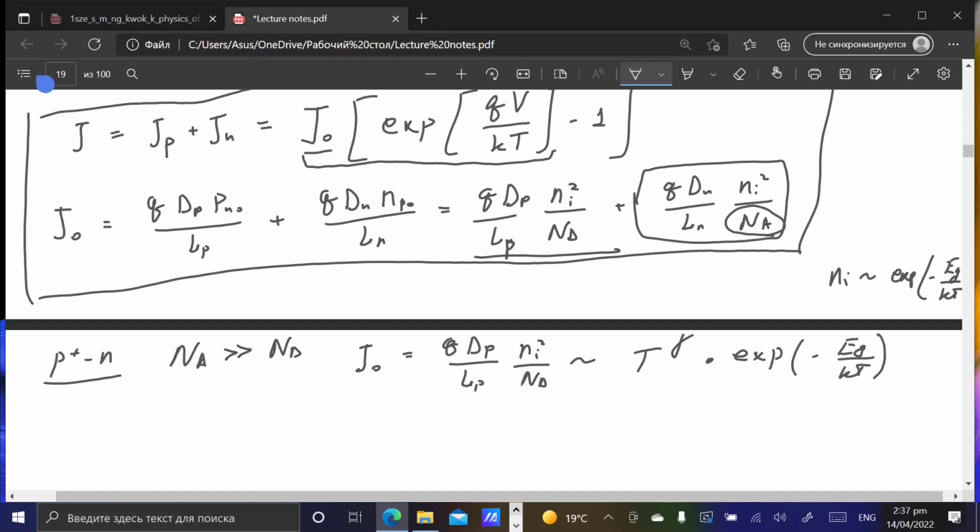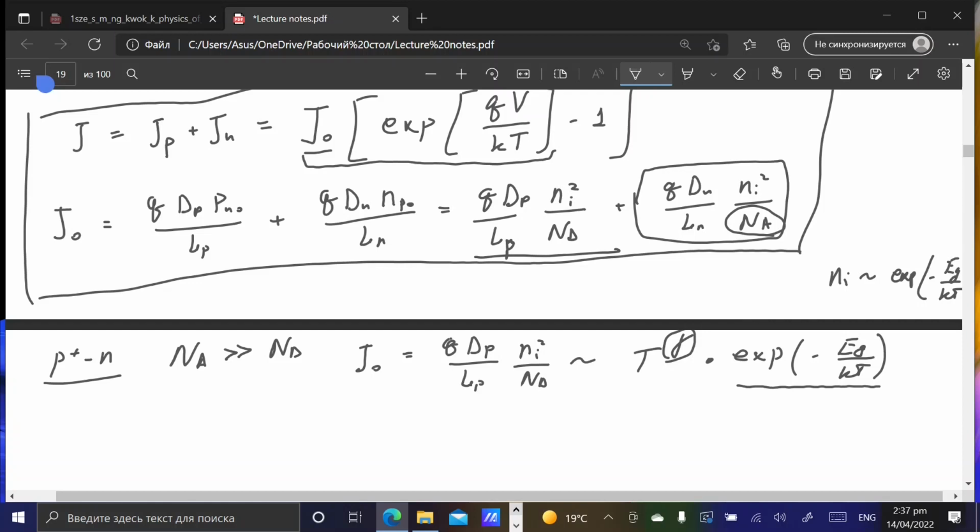I don't specify this number exactly, but in any way it doesn't matter, because here we have the dominant function, this exponential function. So that will define the temperature dependence of J naught, the saturation current, which actually is the reverse current of the PN junction. So it will exponentially increase with temperature.